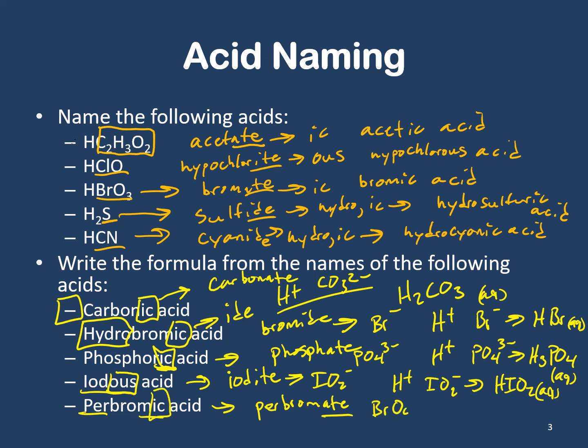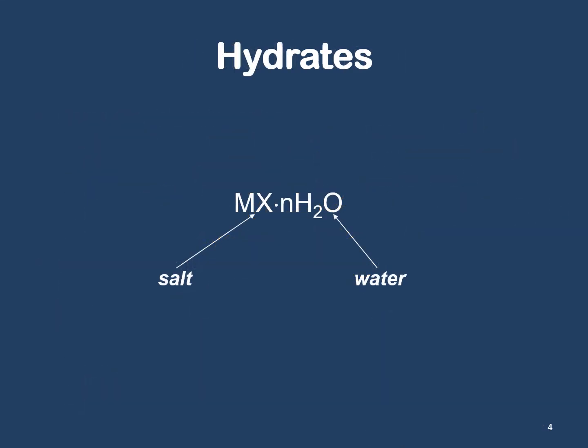Per-bromate is BrO4 minus. So we have H plus and BrO4 minus here. They come together to give me HBrO4 and then aqueous.